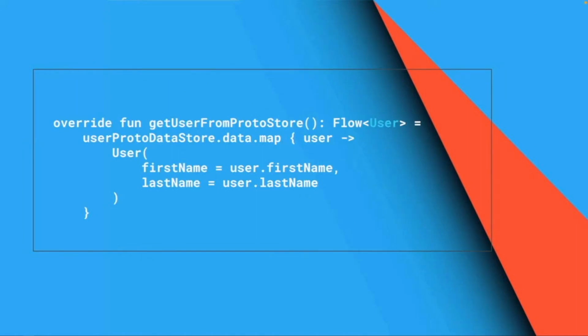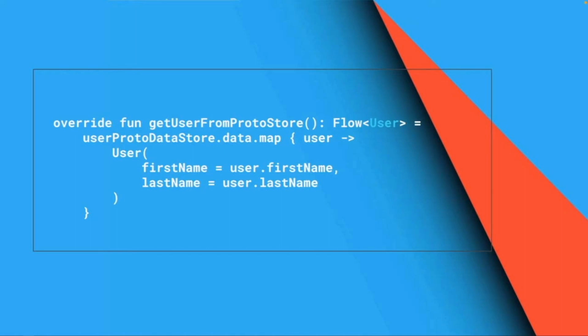For reading the user object from the Proto DataStore, one can again use the data property to expose this data through a Kotlin flow. Now, one question that arises here is, if we are storing objects, why not use a data persistence library like Room?